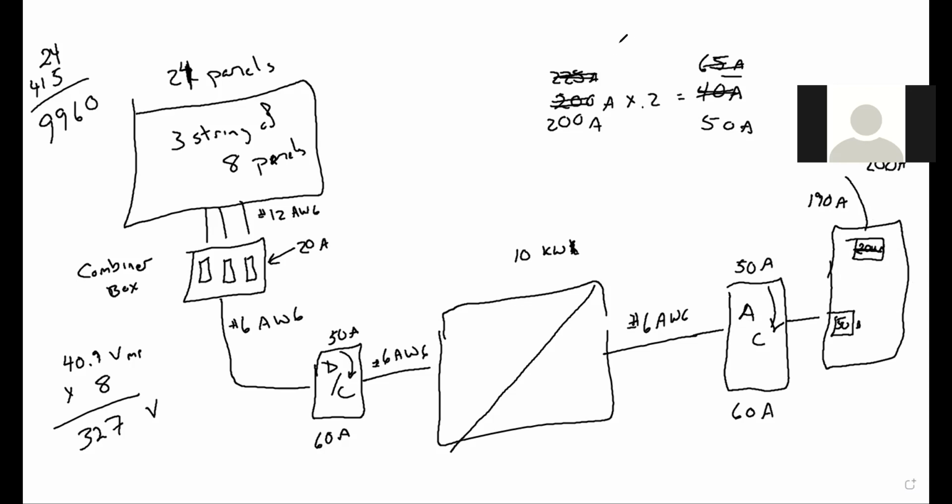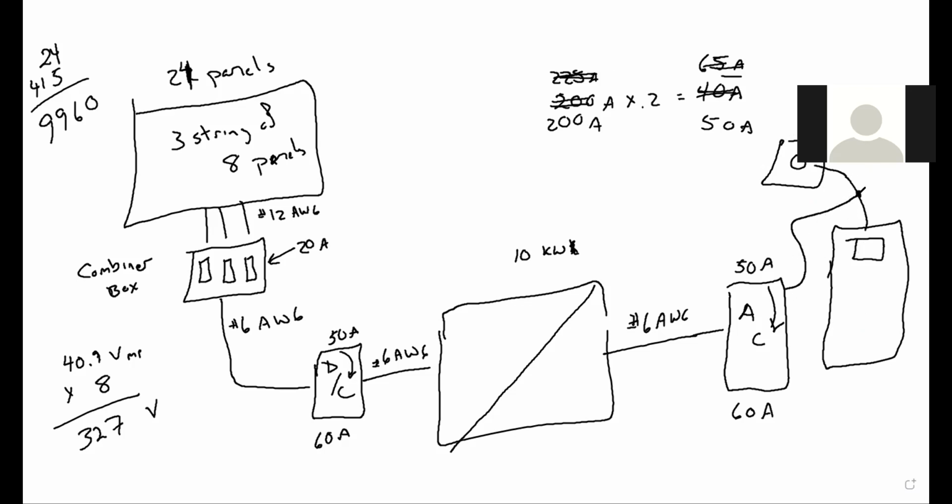Alternatively, if your box was not big enough or didn't have any empty spaces in it, then what we could do is notice from here, this is going to be your electric meter. Anywhere between here and here, we could tap in. This would be known as a supply side connection.